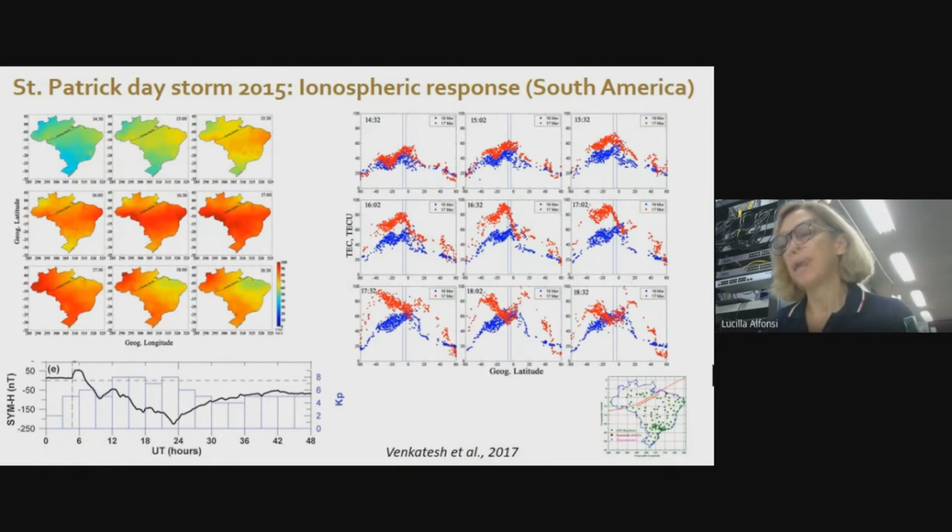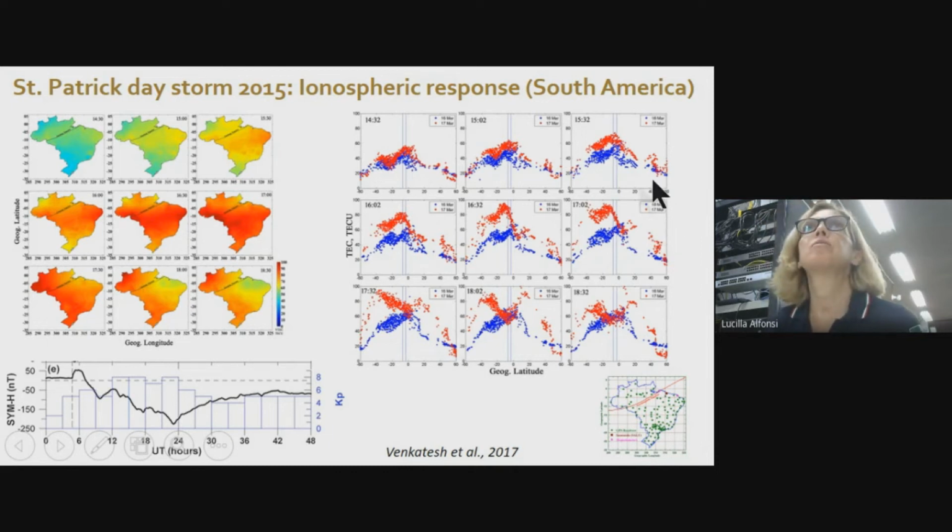Then there is another paper by Venkatesh and co-authors looking at the Brazilian sector. And here we see the TEC on the 16th in blue, and on the 17th of March in red.